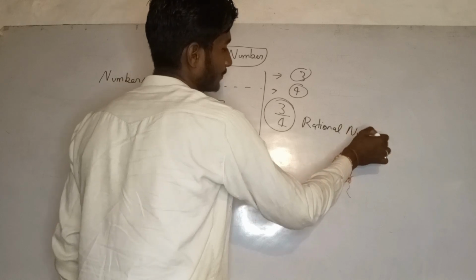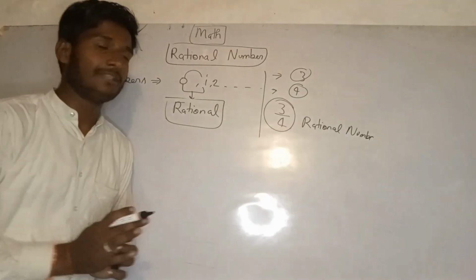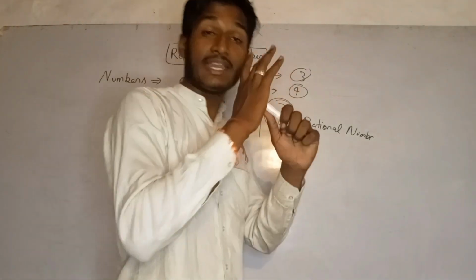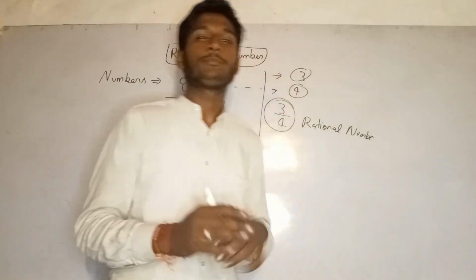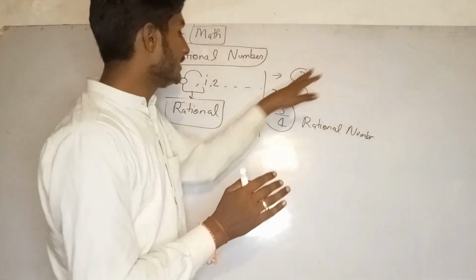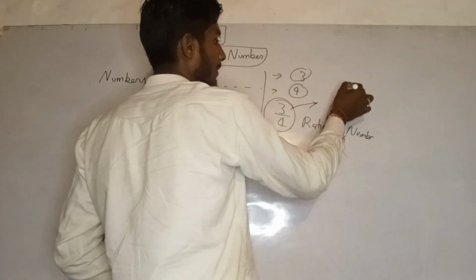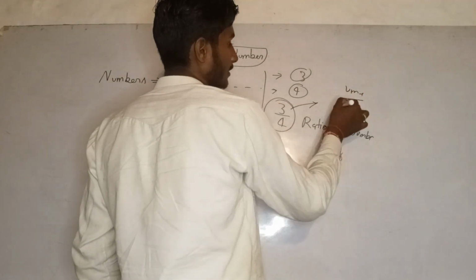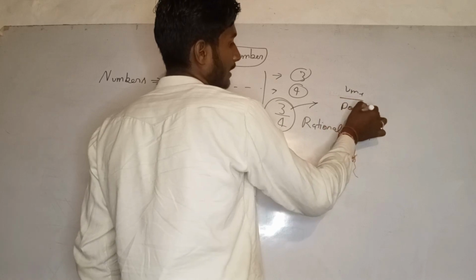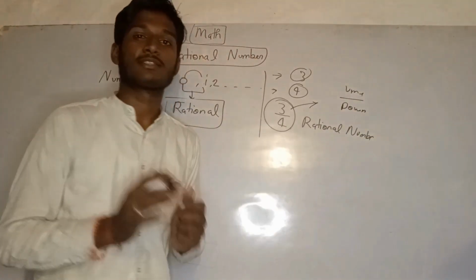It is very simple: in this form, one digit upper and one digit down, it is called a rational number.